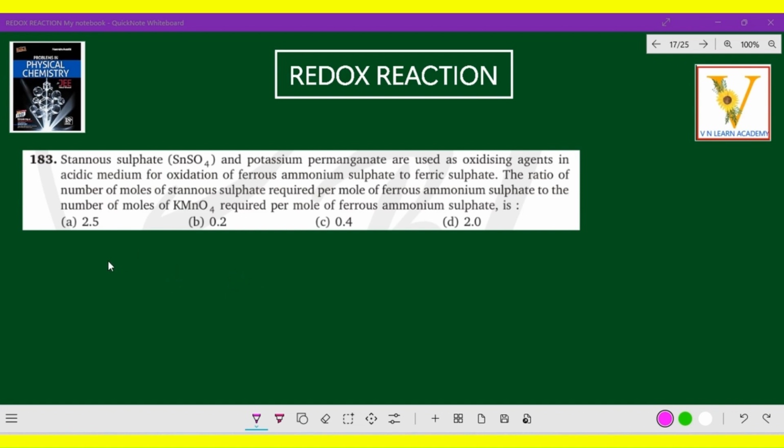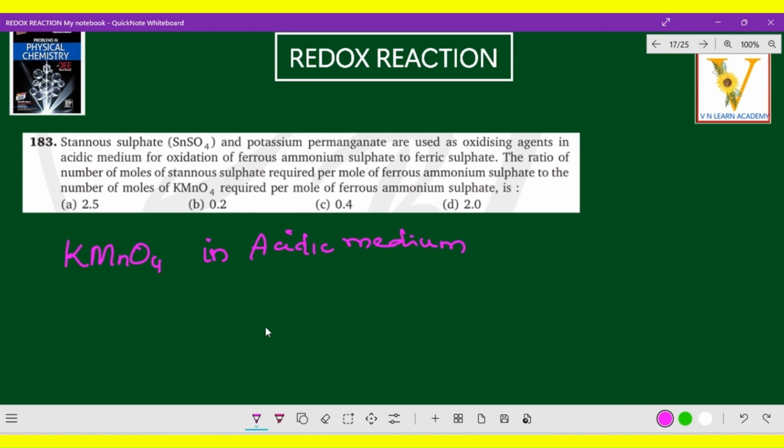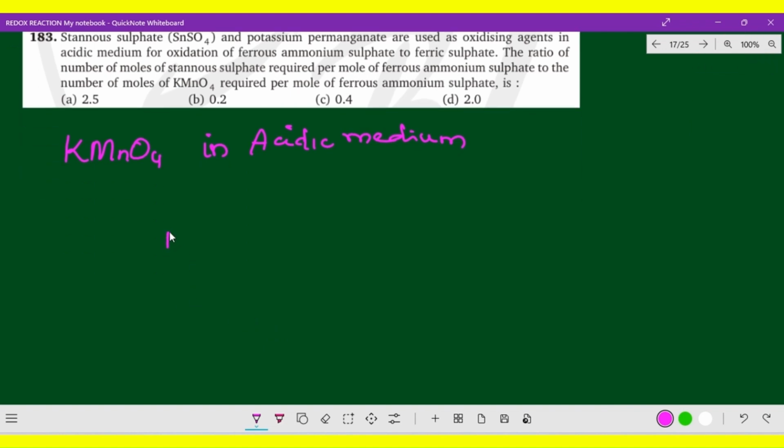KMnO4 in acidic medium, you know very well, it's a very famous reaction. MnO4 minus is converted to Mn2 plus and 4H2O.